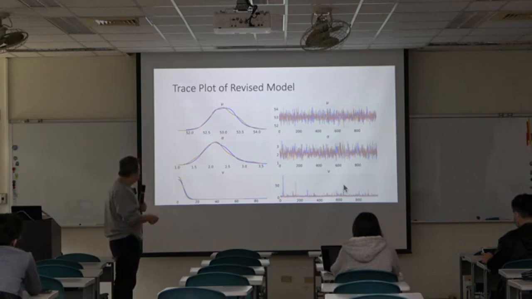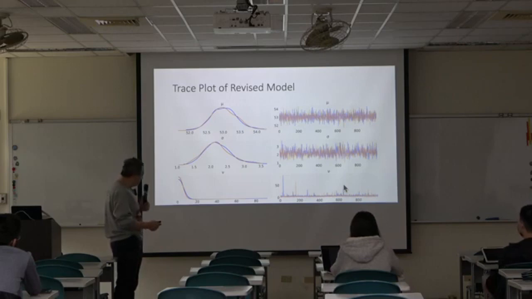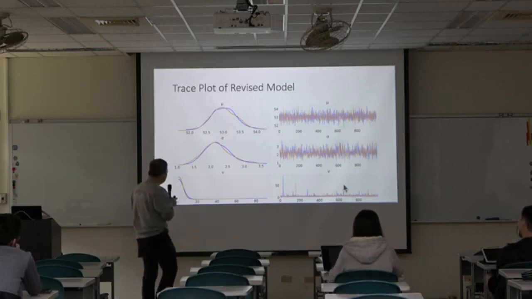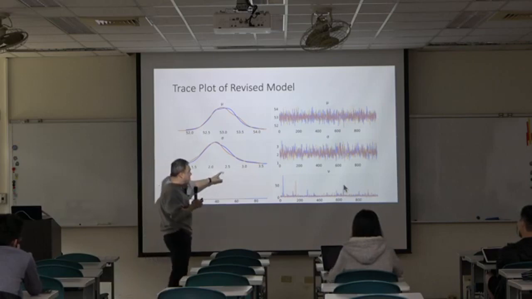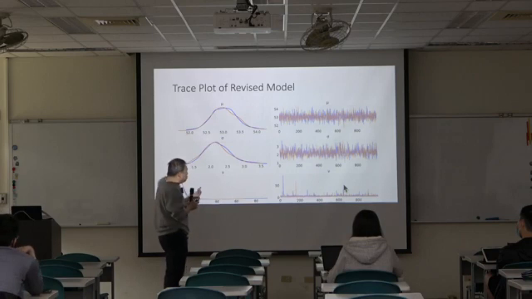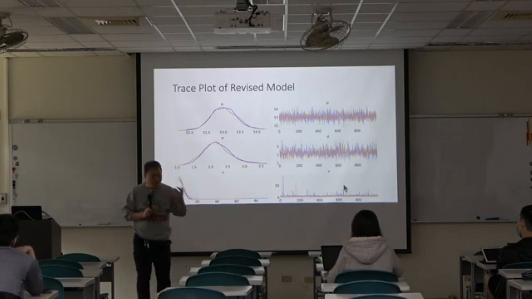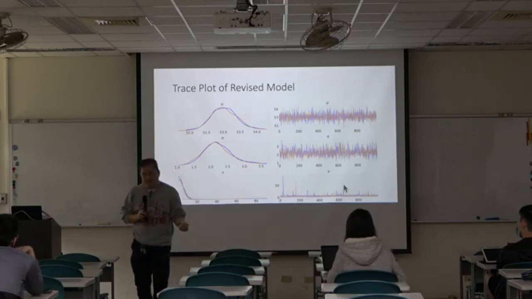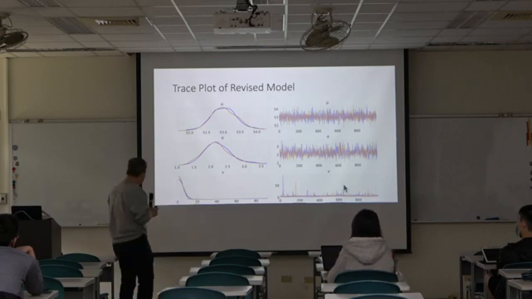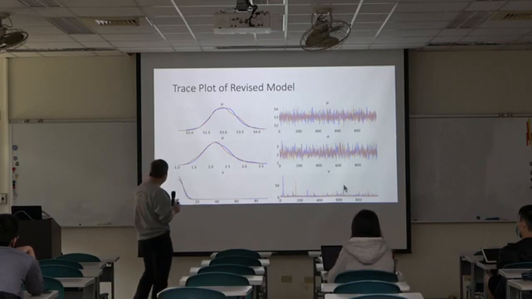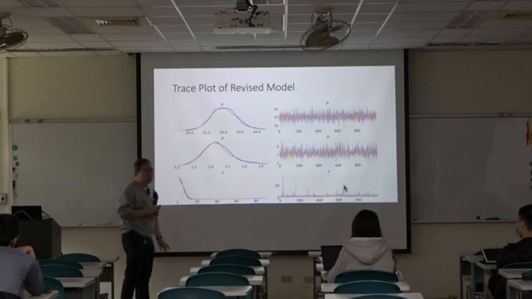If you compare with the previous one that used the normal distribution, it's not too far away. But one interesting thing is nu, or v. Originally we set the average to be 30, but now you can clearly see that the average is much smaller.